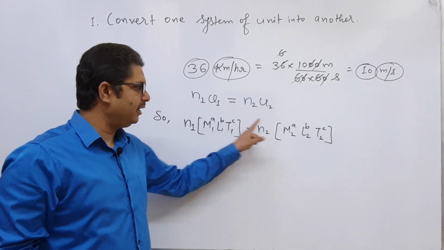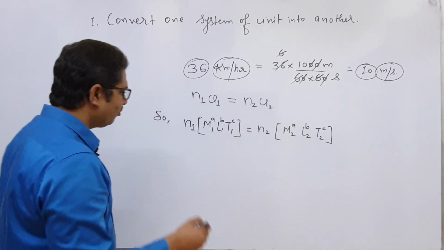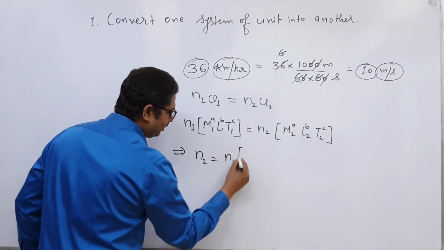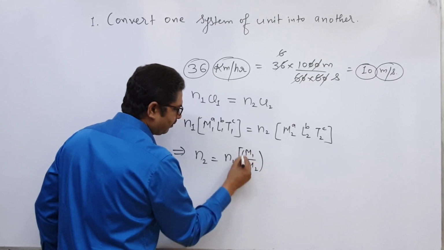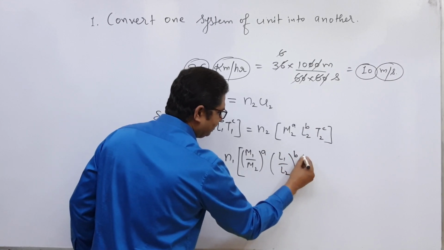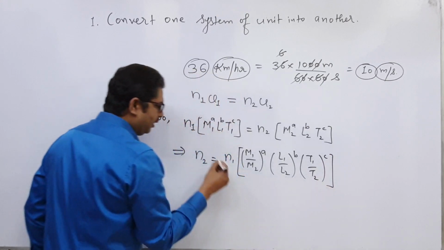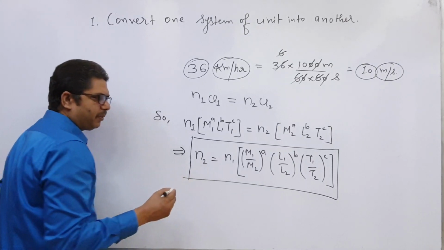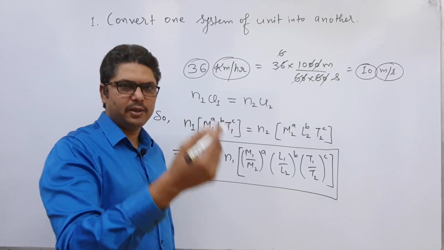So here it will be A, here A, here B, here B, here C, here C. So from here you can write N2 equals N1 times bracket M1 by M2 power A, L1 by L2 power B, T1 by T2 power C. This equation helps us to convert one system of unit into another.